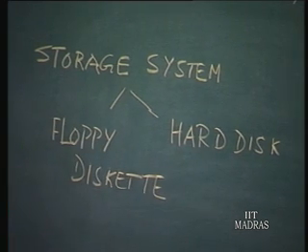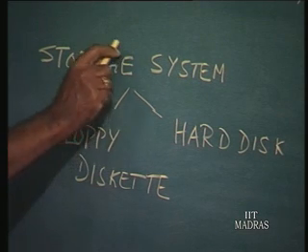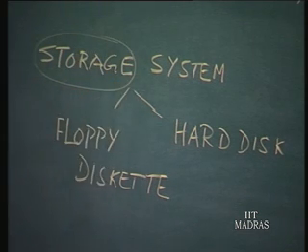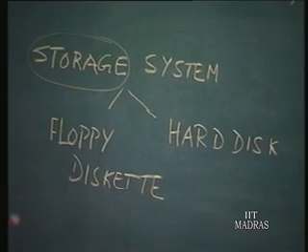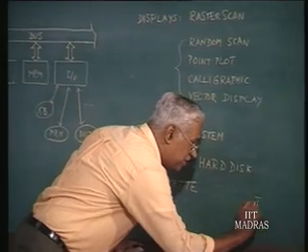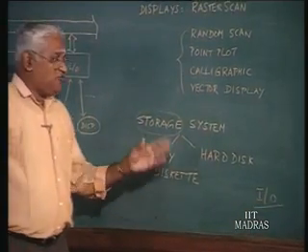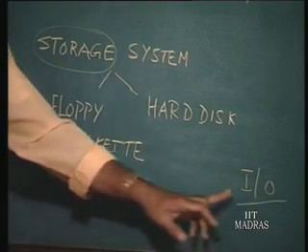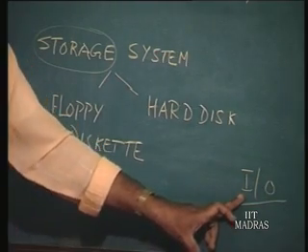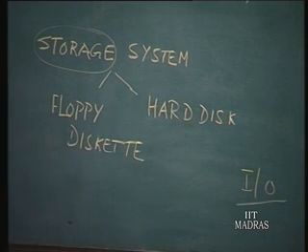We will not talk more about this, except noting one important thing here. Though we generally say storage, do not forget that they not only store data, but the same thing can also be used for input output. The files can be stored there for providing the input, and the same way the output of the system can be stored in the form of a file and kept here.